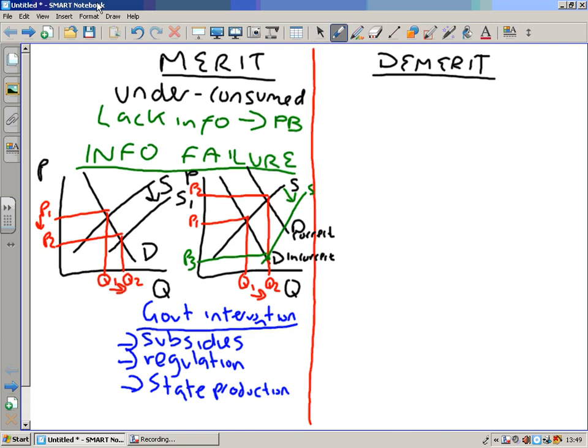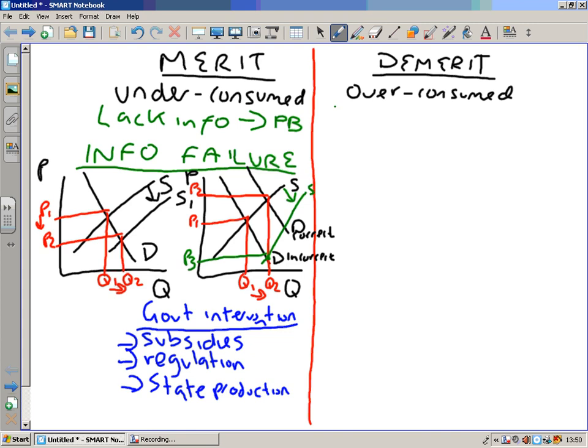Now let's move on to demerit goods. These are very similar to negative externalities in the sense that they are over consumed. The difference between these and negative externalities is the reason why they're over consumed. Negative externalities are over consumed because people don't consider the external costs in a free market.